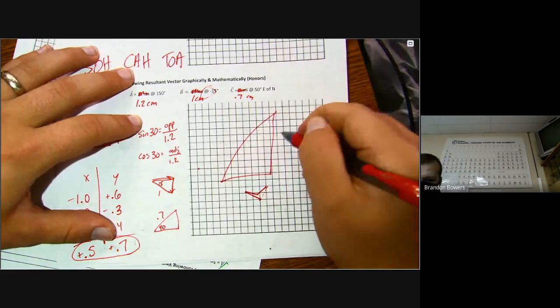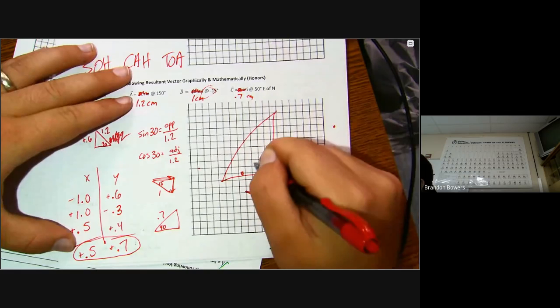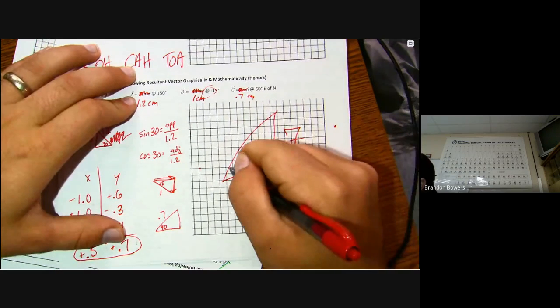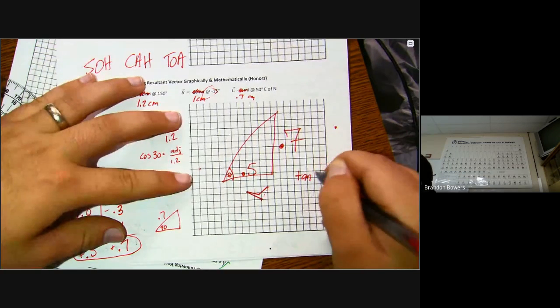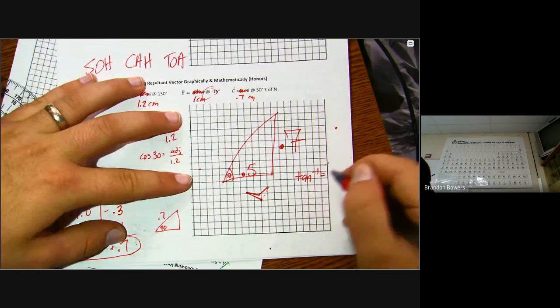I know my x is 0.5 and my y is 0.7. How would I find theta? Tangent to the negative first, inverse tangent of 0.7 over 0.5. Very good.